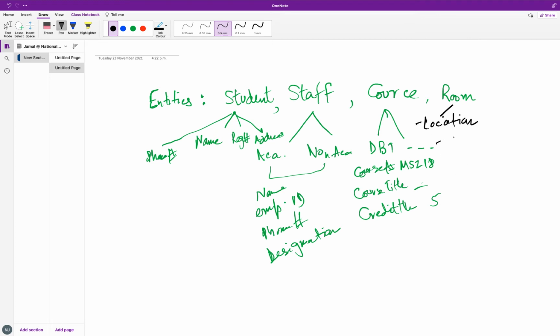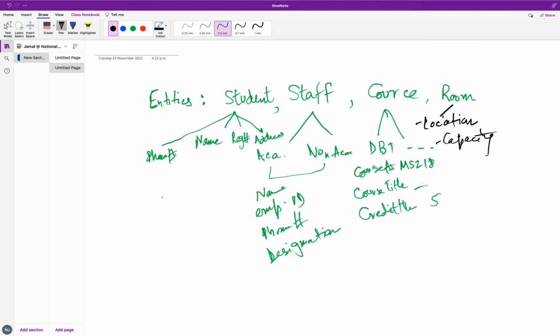So location, capacity is very important, especially nowadays. You know that 80% of a room can be filled or something. So if one class has a size of 120, then obviously they would require a room of 150 or 160 capacity. Okay, so this way you can write down different things.